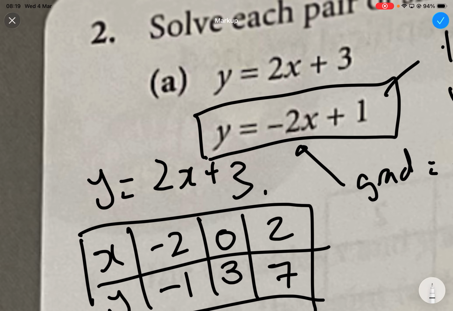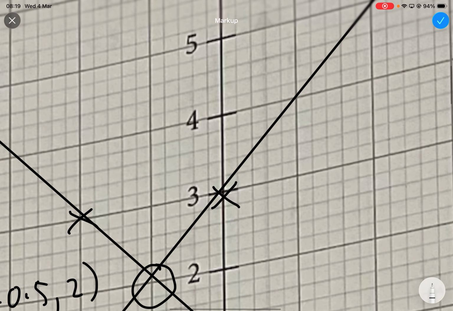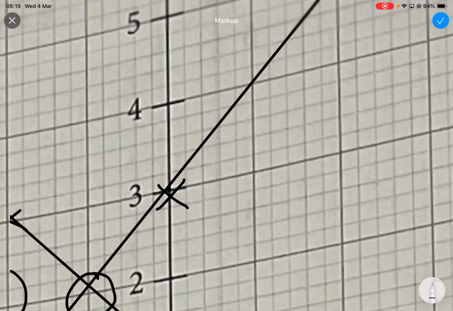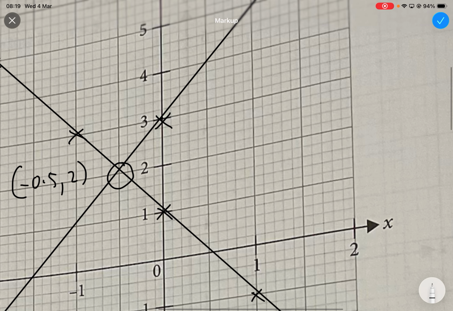Meaning, if I know one point that the line will pass through, it passes through this point. Then I know that every time it moves one step to the right, it will move up 2 steps in the upward direction because the gradient is 2. So I know it passes through here, the y-intercept. Then the gradient, how steep is this line? Every time I move one step in the x direction, it will move up 2 steps.